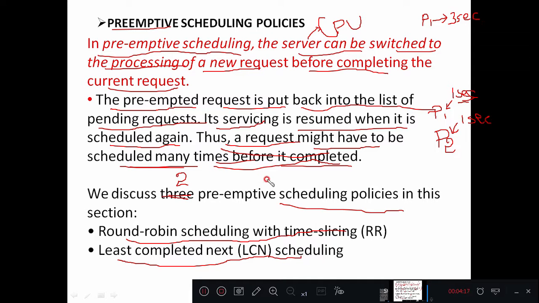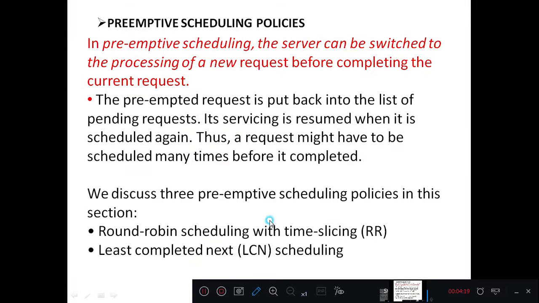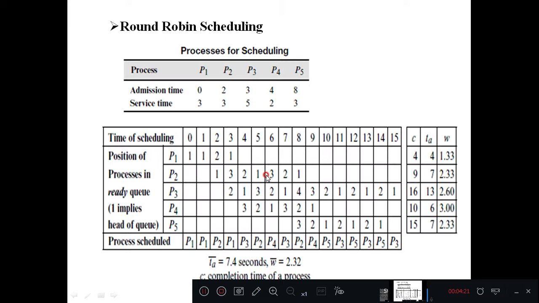First we will go to the round robin scheduling technique. So this table is the same example that we discussed in the last section for non-preemptive scheduling policies. The same table we are going to use, where we have 5 processes and their respective admission times and service times. Right. We are going to use the same table but explain different scheduling policies.